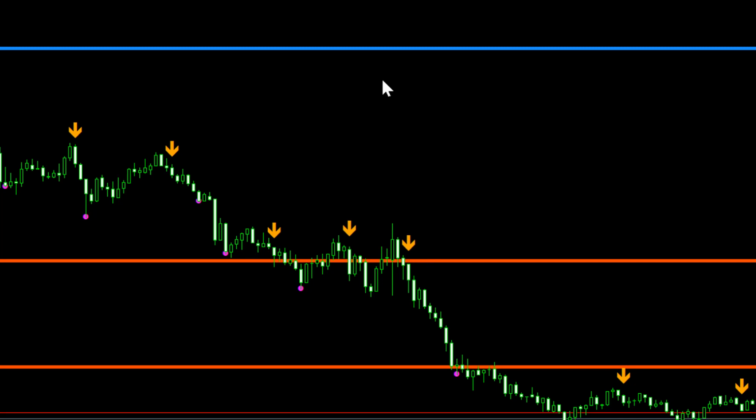You can trade within the zone, meaning from this blue line to the red line, depending on the direction of the market. Whenever it is a downtrend, take only the trade or the signal that is close to the guns level.